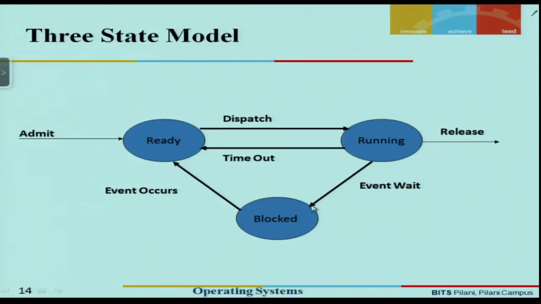The third possibility is that this running process might make a service request and it gets blocked on the service. Once the service gets completed, the event occurs for which the process was blocked, and the process can move from the blocked state to the ready state.